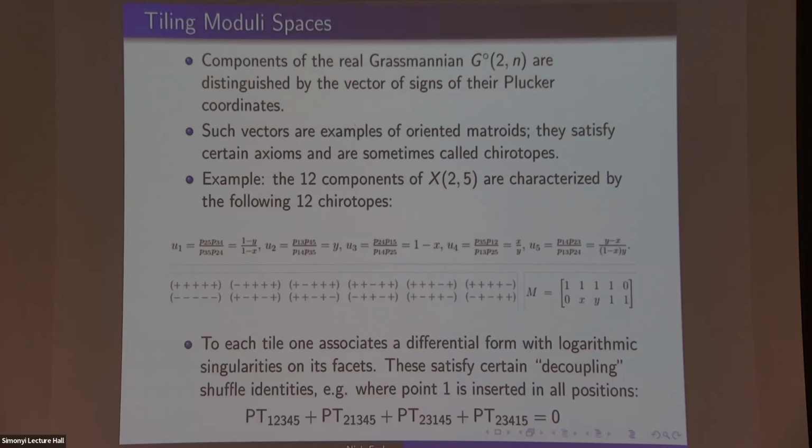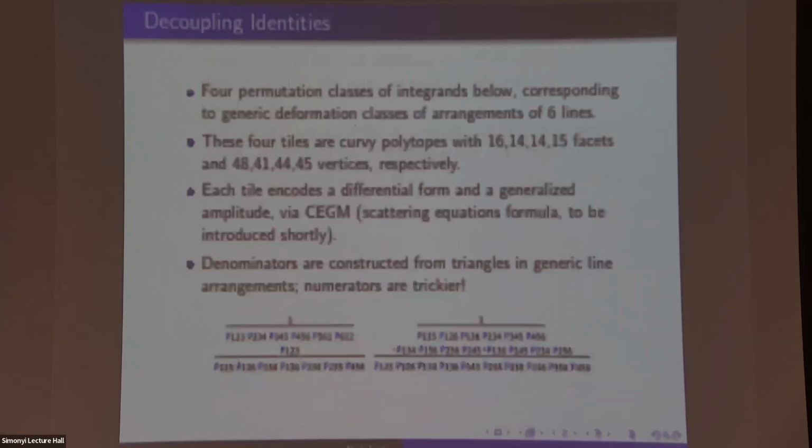Is 2, 3, 4, 5, 1 not one of the terms, because it's a cyclic permutation of 1, 2, 3, 4, 5? Yeah, exactly. Which areas would this be in your picture? I didn't include that. That would be a good thing to include next time. Yes, thank you. It's a good point.